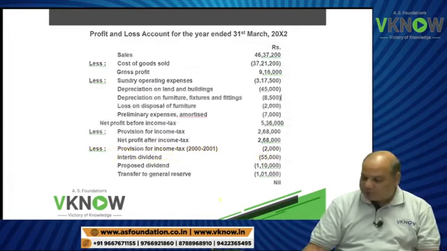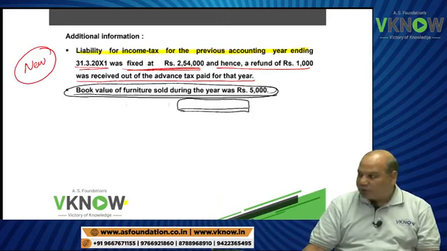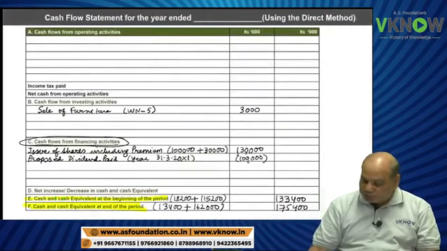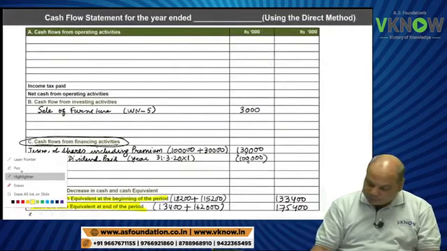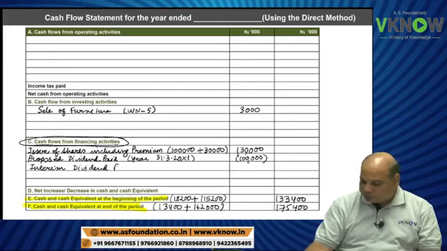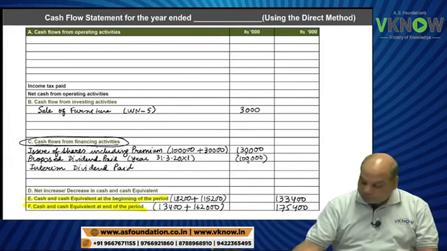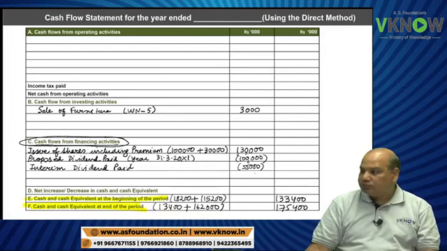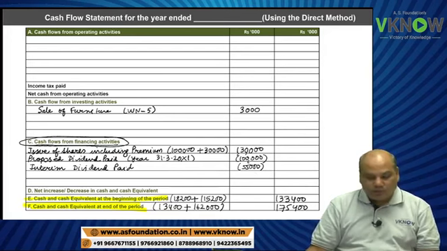This is paid. Interim dividend paid will come in financing activity, because it is not appearing in the balance sheet, which means it is paid. Interim dividend paid 55,000.